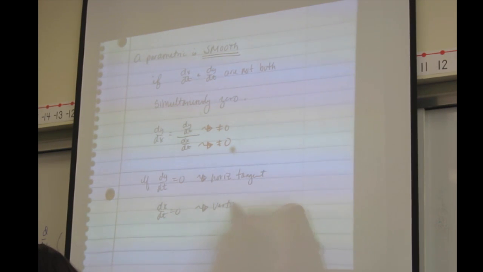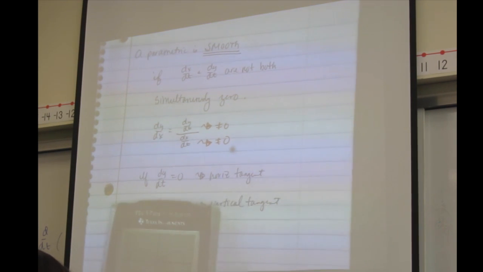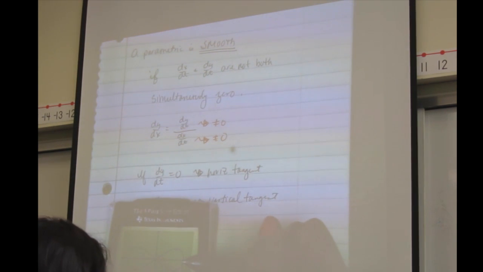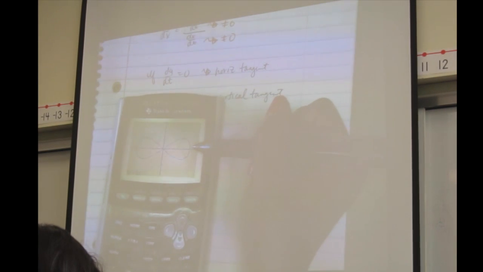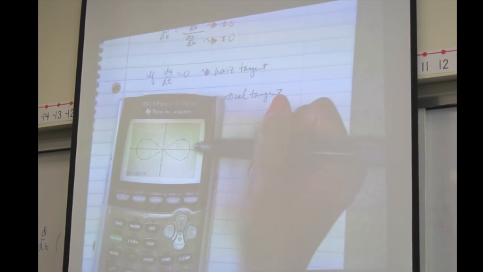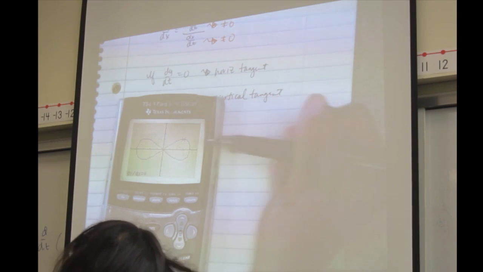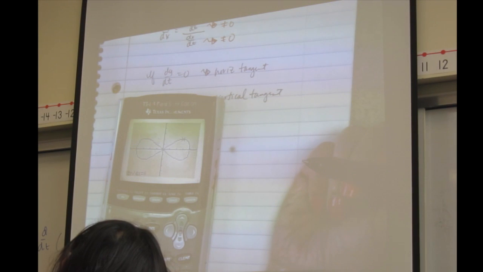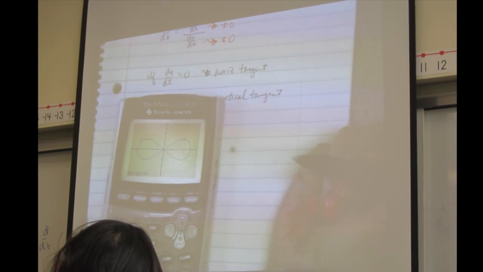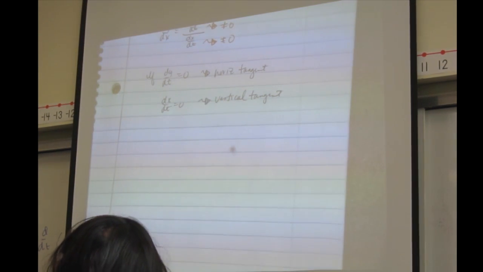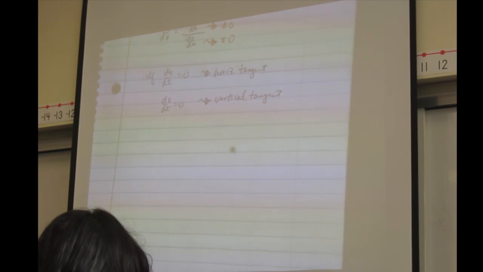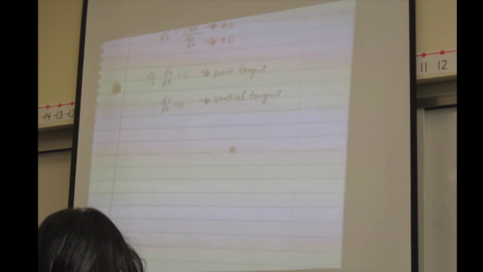So this one over here, at t equal to 0, would be a vertical tangent, so dx/dt would be 0. But they cannot both be 0 at the same time.